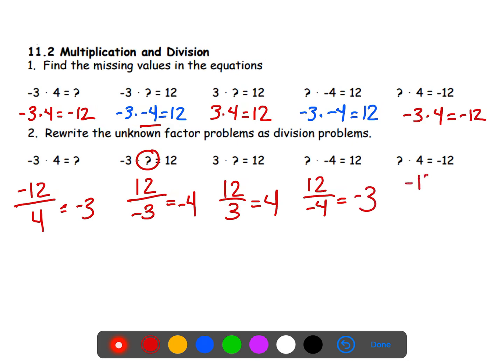And now negative 12 divided by 4 will equal negative 3. All right, so all I've done is rearrange these equations above. I've divided the product by one of the factors to find the other factor. And that works with all multiplication and division problems.